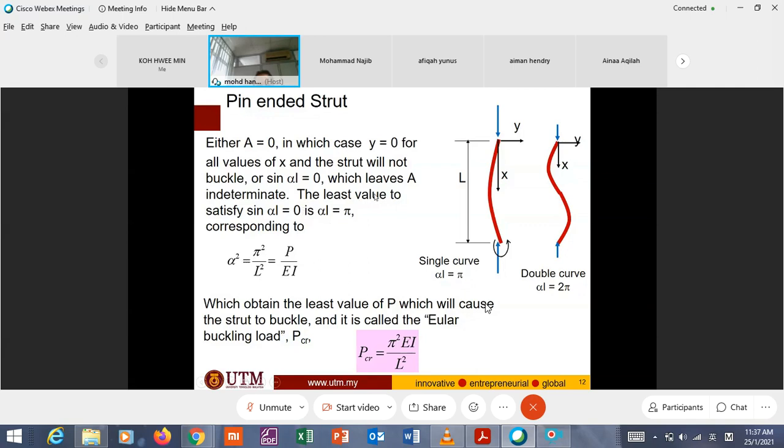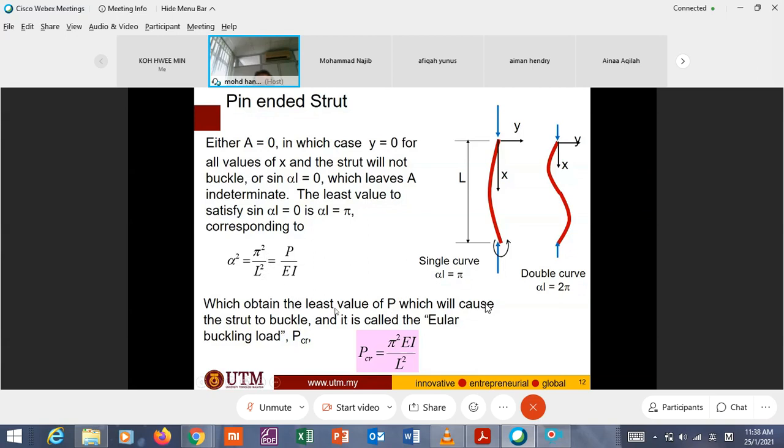The least value to satisfy sine alpha L equal to 0 is alpha L equal to pi. What is pi? Pi is equal to 180 degrees, sorry, 180, not 90.